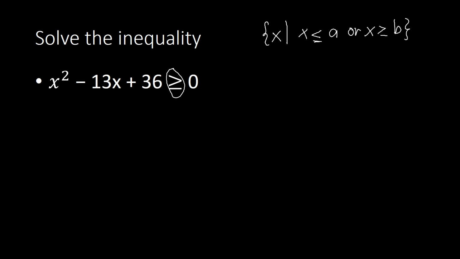According to our condition, a is less than b, so the first one that appears will be your a, and you have your symbol as less than or equal to, and then you have your b. The symbol for that one should be greater than or equal to. Okay? So let's have this one here.